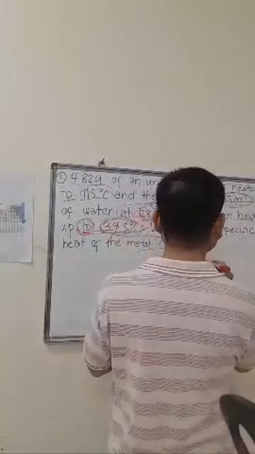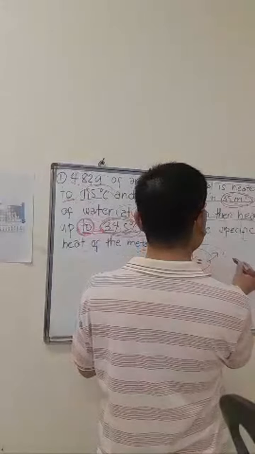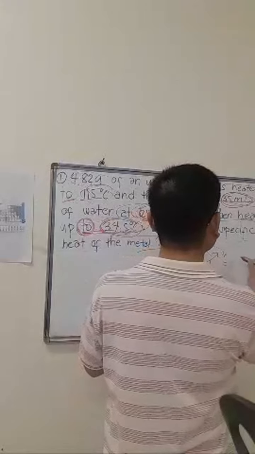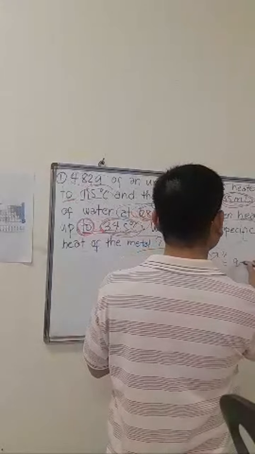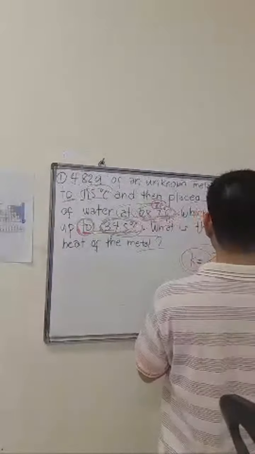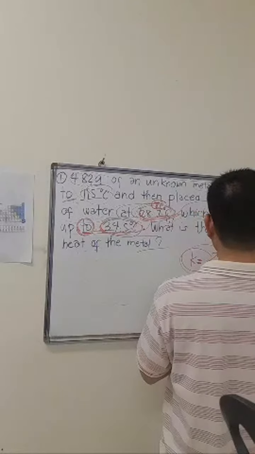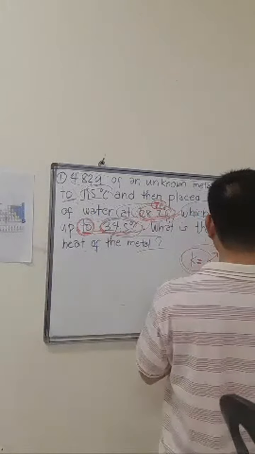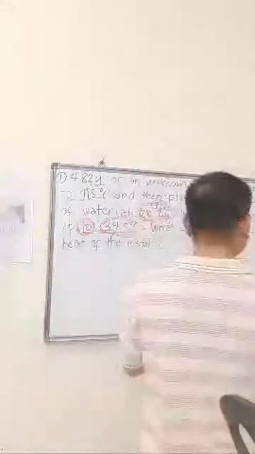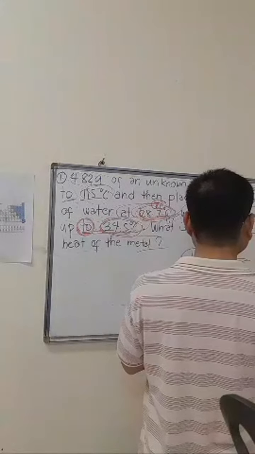So K is equal to... I forgot, right? So I will attach this to the equation of the heat transfer, Q equals K times delta H times the thickness on top, and then the area, and the change in temperature.